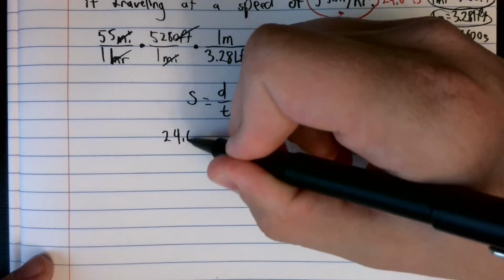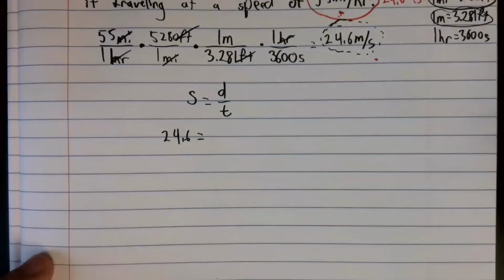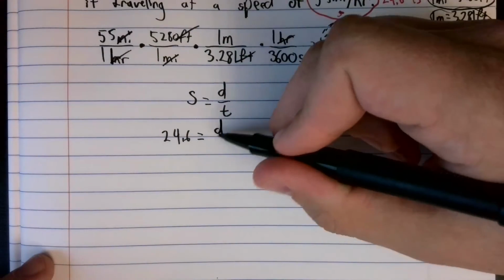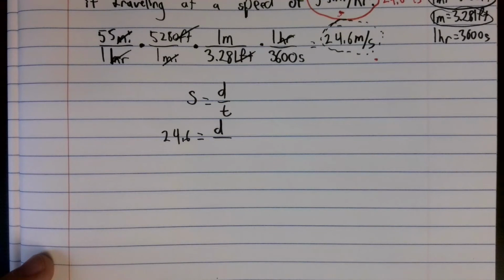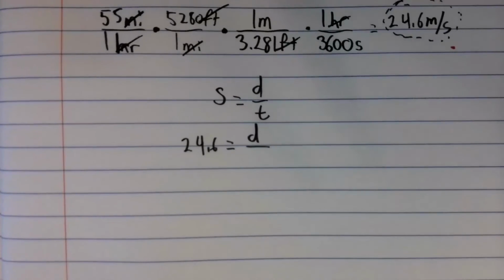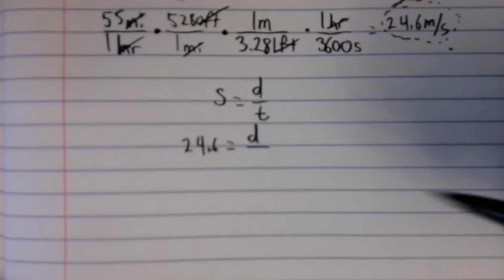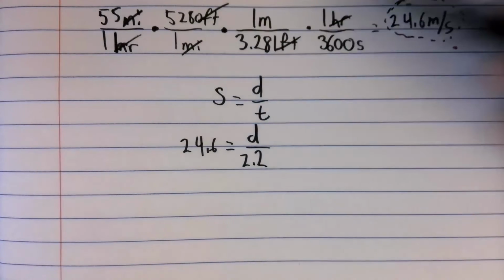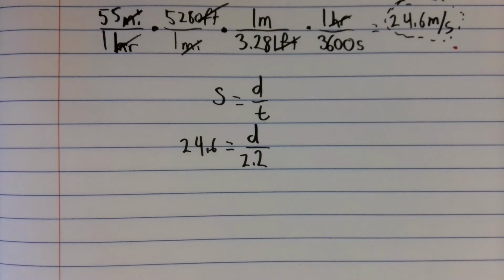So 24.6 equals D over 2.2. And this situation is a little more complicated than the last problem.